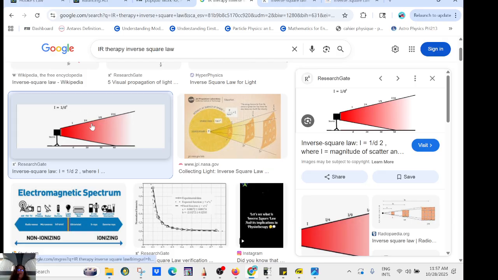But you learn that, okay? So maybe you want your patient to get that much radiation, red light, infrared, which is very healthy and safe. You see, the light that they will get on their skin depends on the inverse square of the distance.